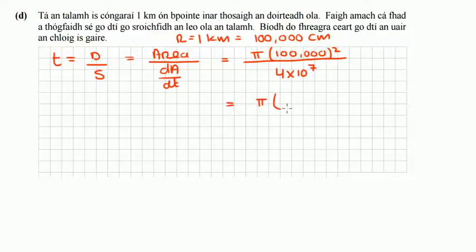So now I'm just simplifying. Instead of squaring 100,000 and writing that out, we're just going to write it as 10 to the power of 10. That's the shorter version. Over 4 multiplied by 10 to the power of 7.